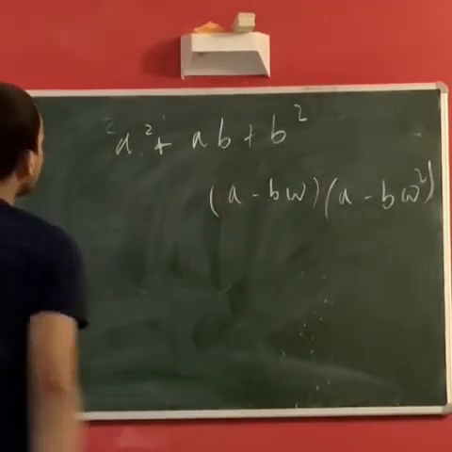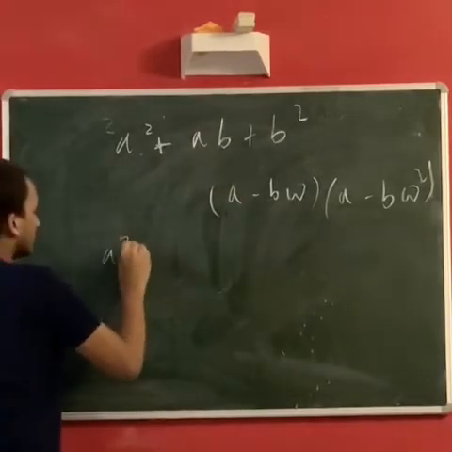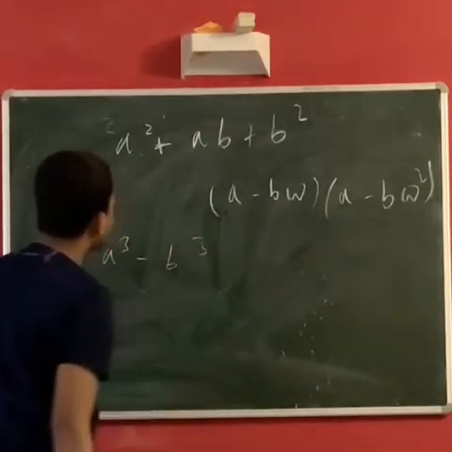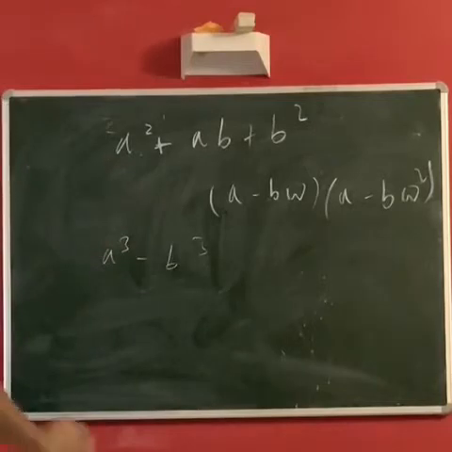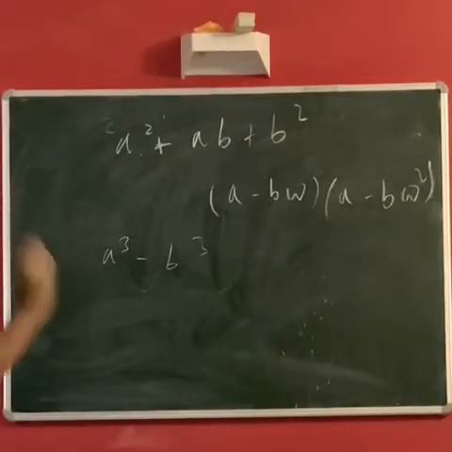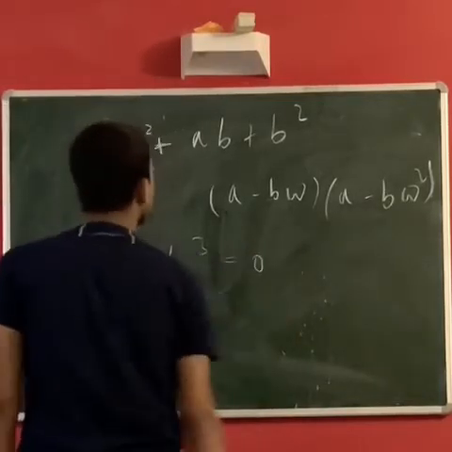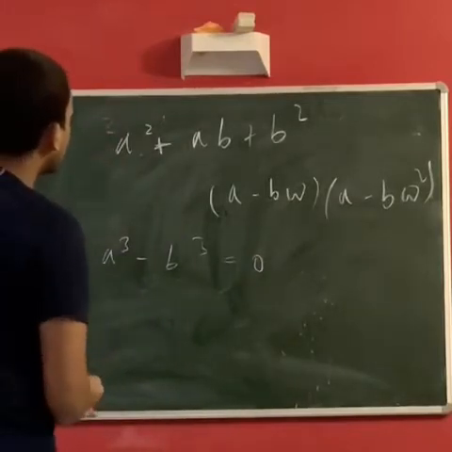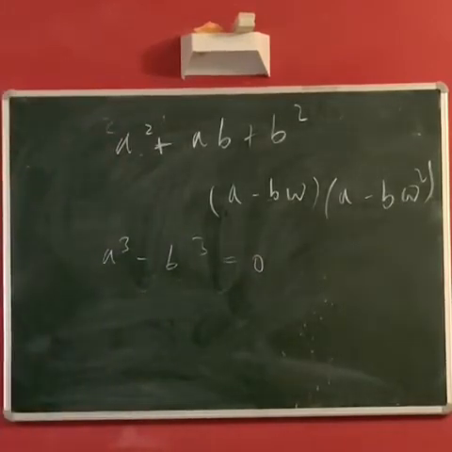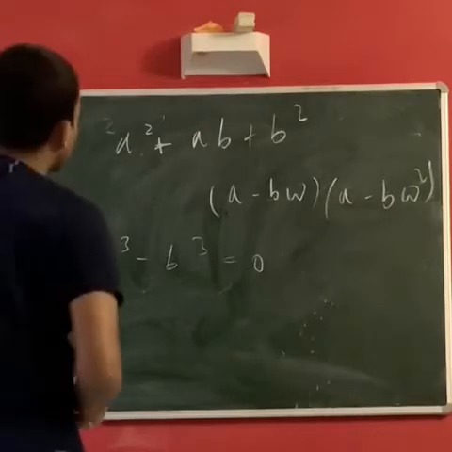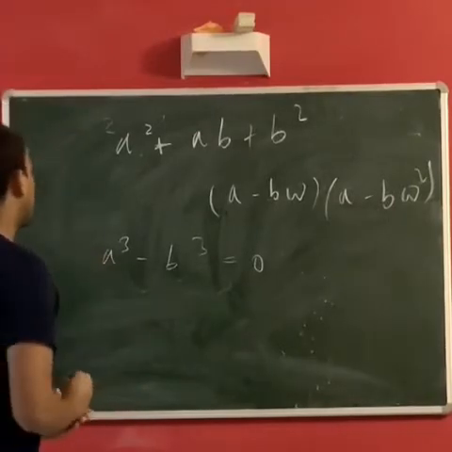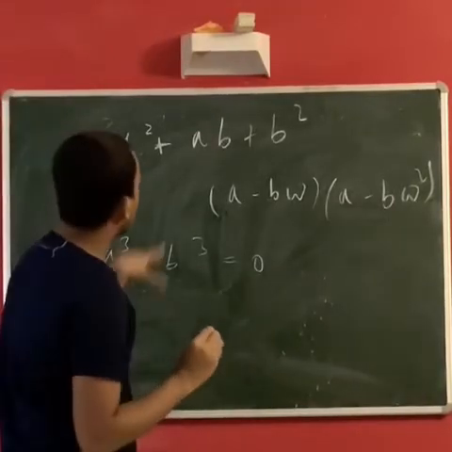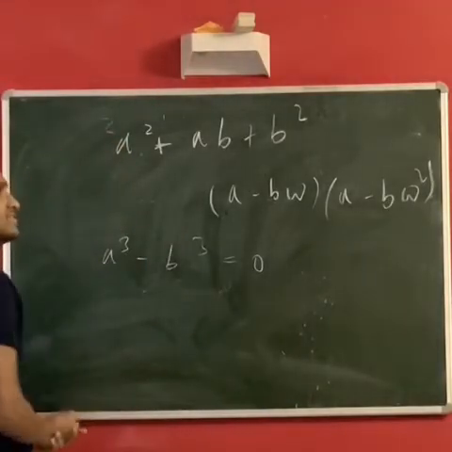So how do I prove this? Let's just have a look at this identity, a cube minus b cube. Let's just solve this for equal to 0. What we try to do is something like we did over there in the case of z cube minus 8 equal to 0.